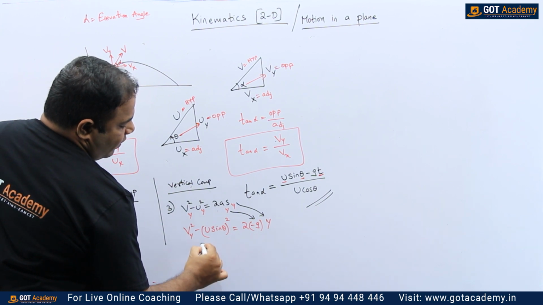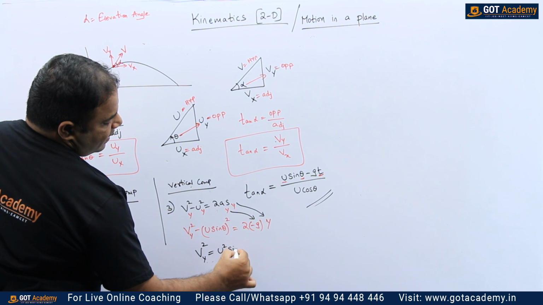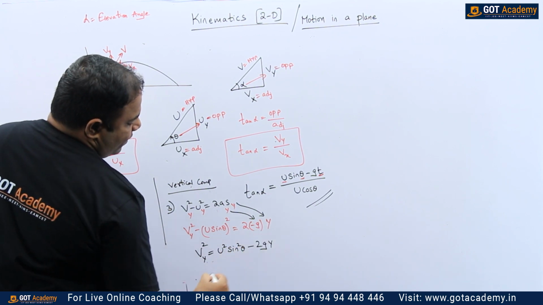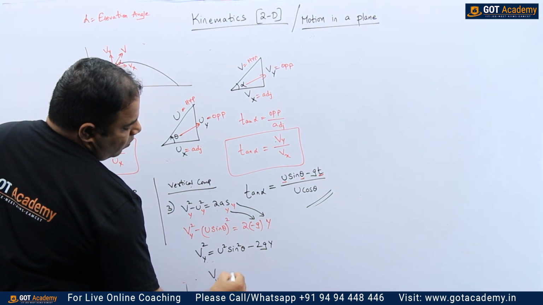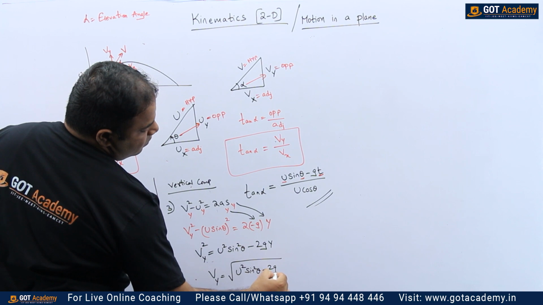Now Vy square equals u square sin square theta minus 2gy. Then Vy is the root of u square sin square theta minus 2gy.